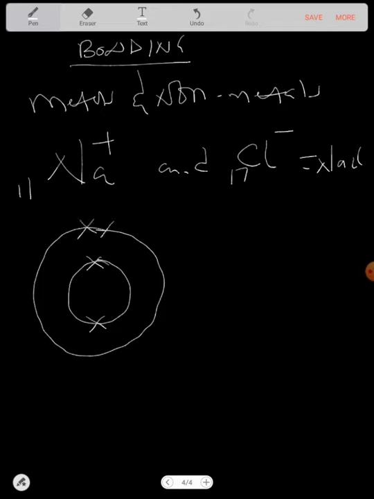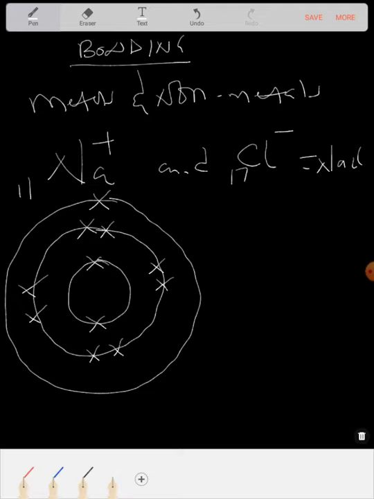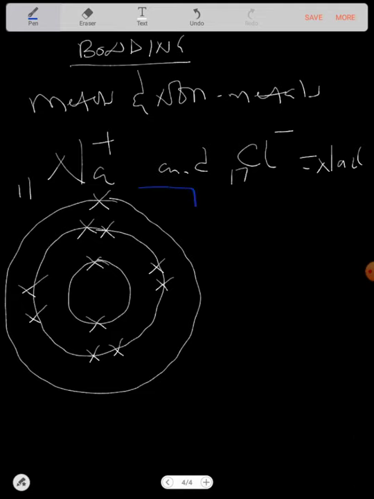Then 1, 2, 3, 6. Then we have 1 electron, right? So I'll use this. Then we have this here. So there's a positive of 1 there.